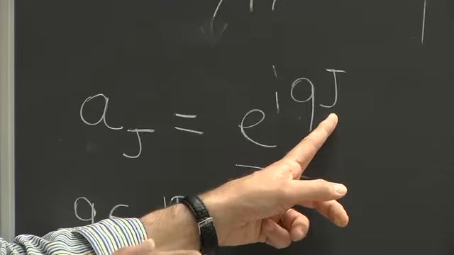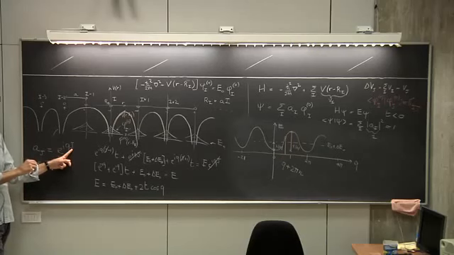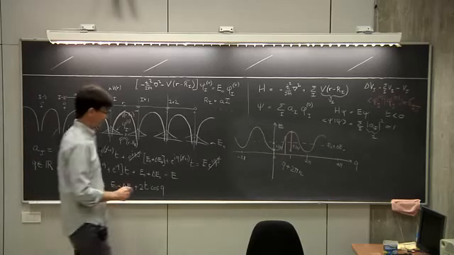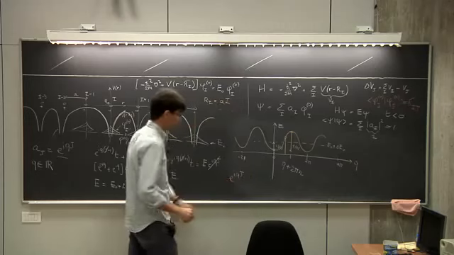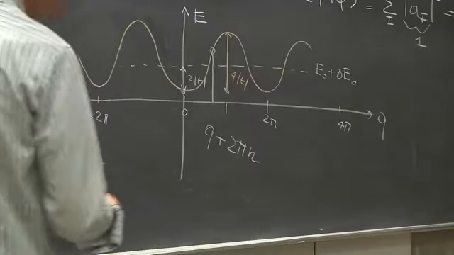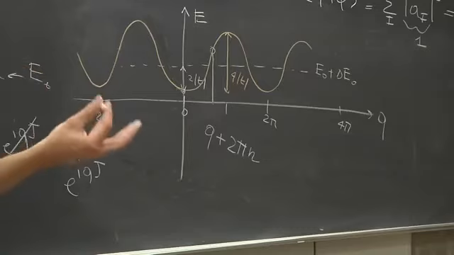Is that clear to everyone? Do I need to write it? Let me write it. So if e to the i q j is the solution for a given q, let me add to q 2 pi n.